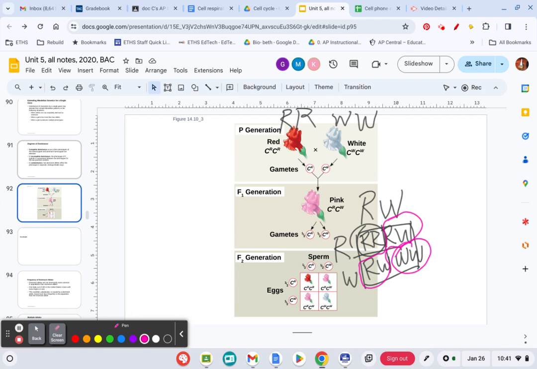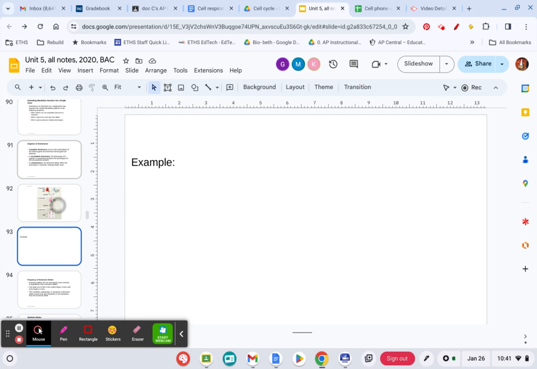So rather than heterozygotes showing the dominant trait, there is no dominant trait. They're showing a blend, a color that's halfway in between, which is pink. Classic example of incomplete dominance. Questions on that?